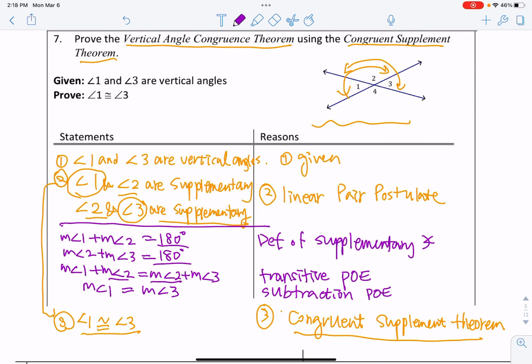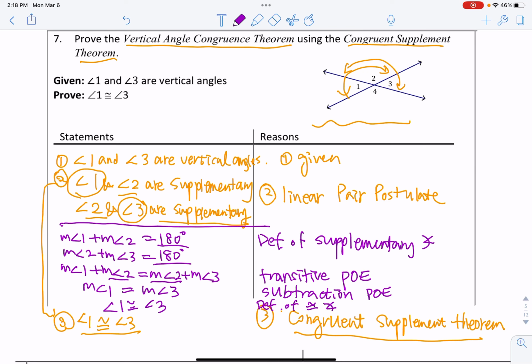And then because of that, you can conclude, I'm going to just write down one more time, angle 1 is congruent to angle 3 as the definition of congruent angles.